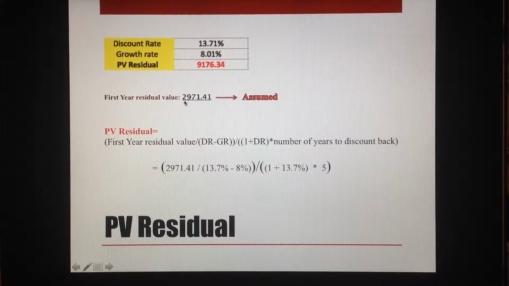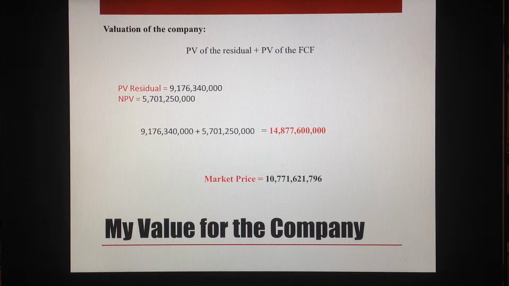So I assumed the first year residual value by this value, and I calculated it by plugging it into the formula: 2971 divided by 13.7% minus 8%, all divided by 1 plus 13.7% times the 5, which is the years. And my total PV residual was 9 billion.